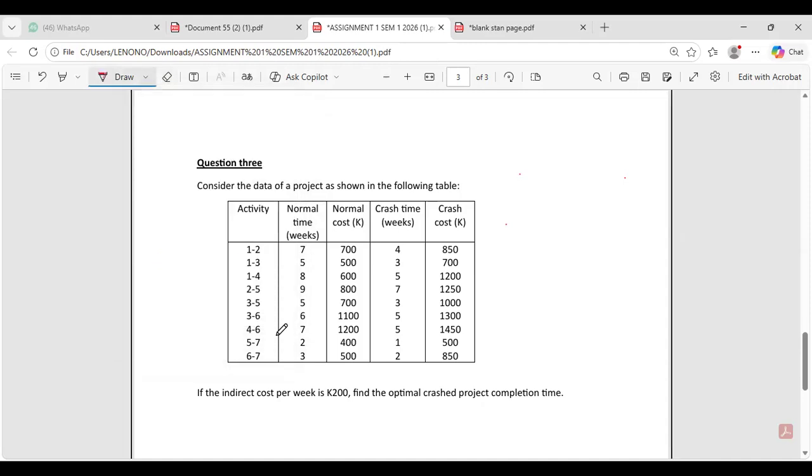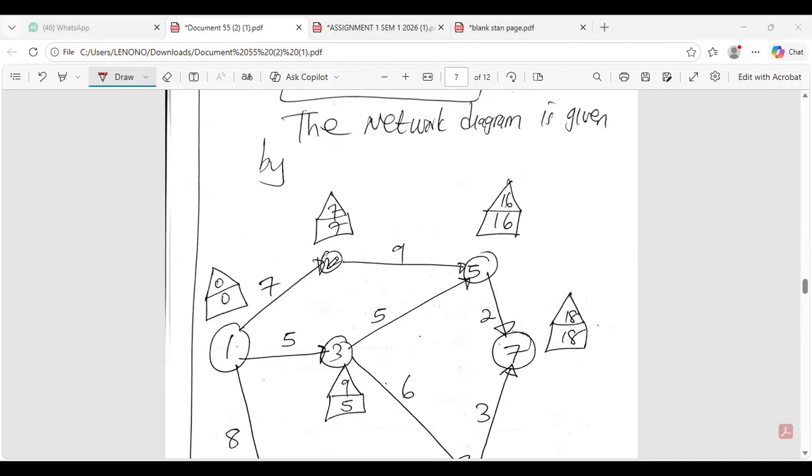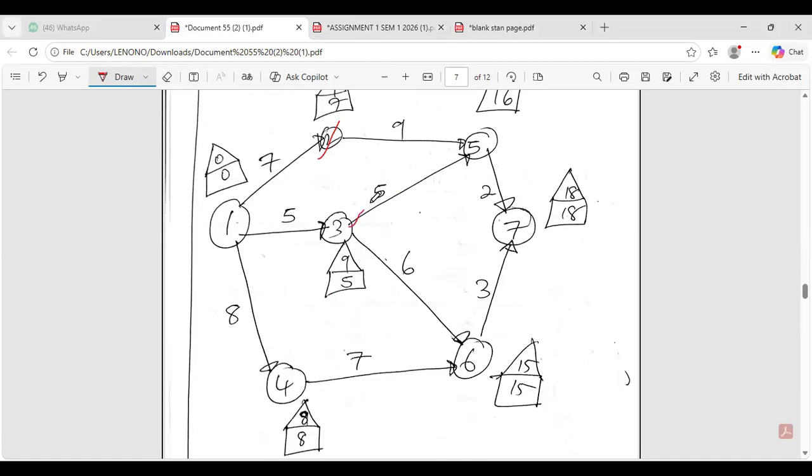This is how this diagram came about: 1 to 2, 1 to 3, 1 to 4. Then 2 to 5, 3 to 5, 3 to 6 and 4 to 6. Then of course 5 to 7 and 6 to 7.